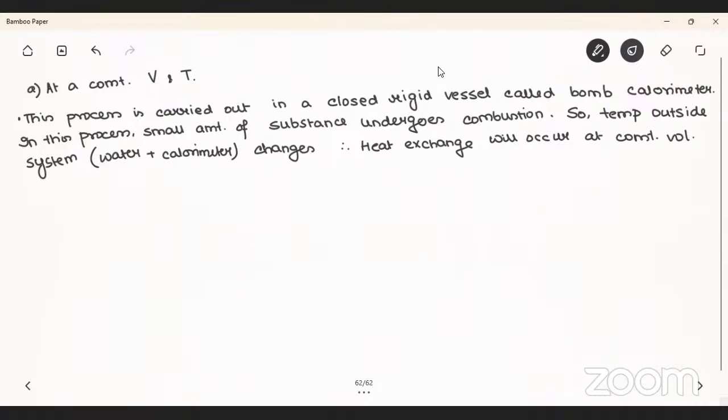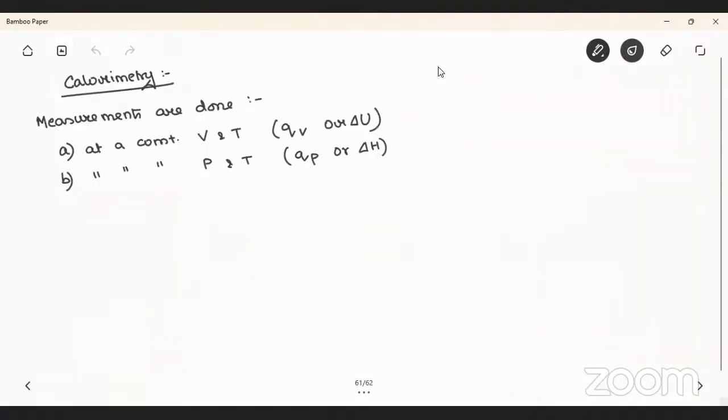We represent heat as Q. So we write QV equals C delta T. So this heat exchange can be calculated. Is this part clear till now? At constant volume and temperature, the heat exchange will occur as QV.